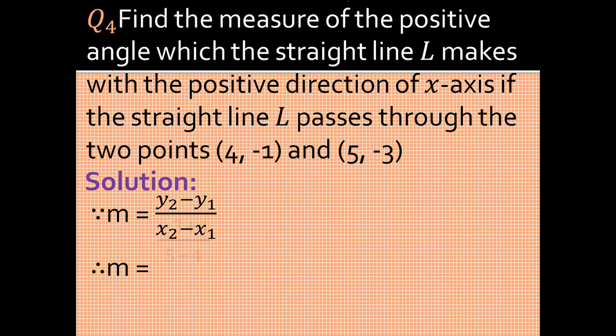To find the slope of this straight line, we need to find the difference of y over the difference of x. -3 minus -1, or +1, in the numerator, over 5 minus 4 in the denominator. It's going to be -2 over 1, which equals -2.